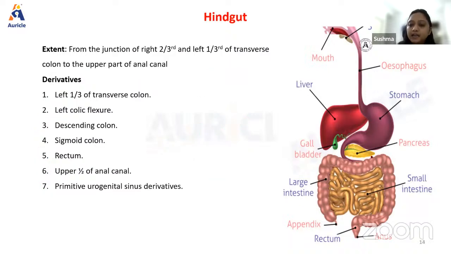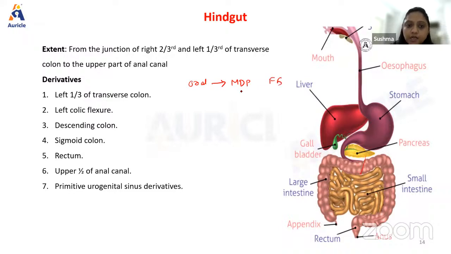Understanding? Hindgut is from here. Let's say the left 1/3 of the transverse colon, left colic flexure, the descending colon, sigmoid colon, rectum, upper half of the anal canal, and the primitive urogenital sinus derivatives. So from the oral cavity till the major duodenal papilla is the foregut.